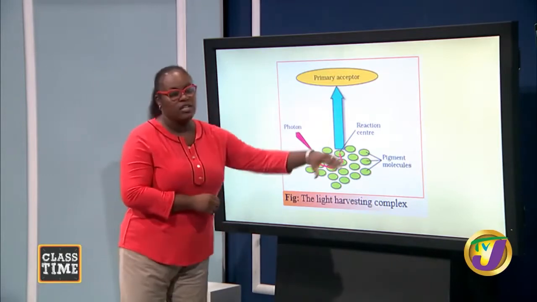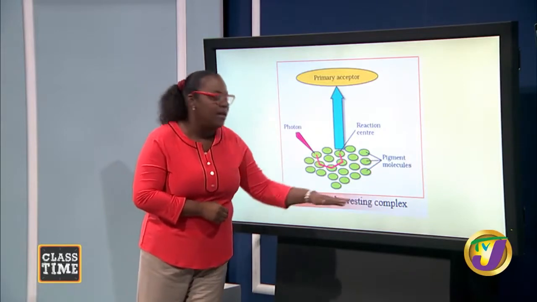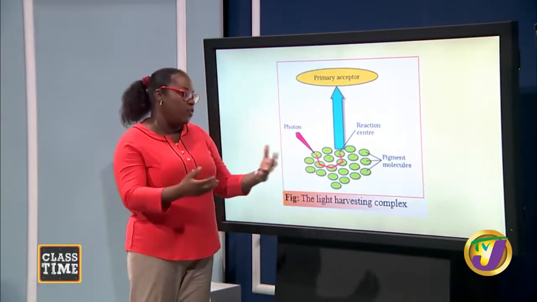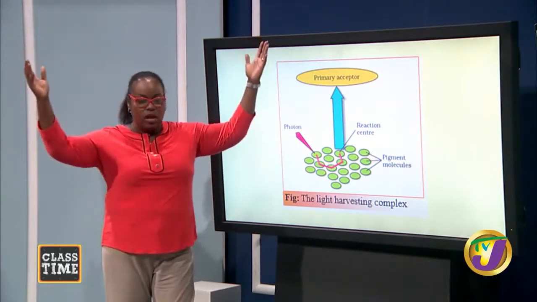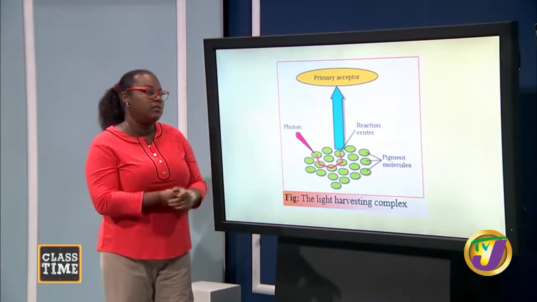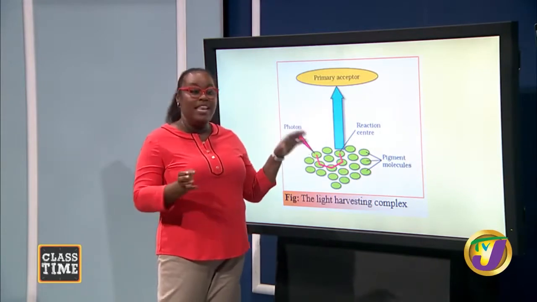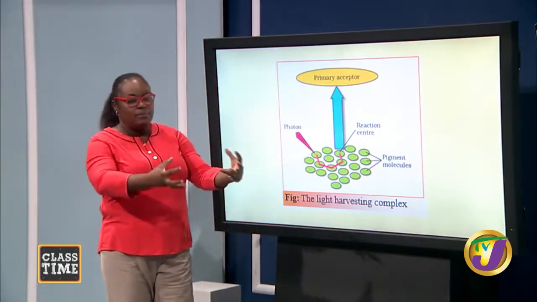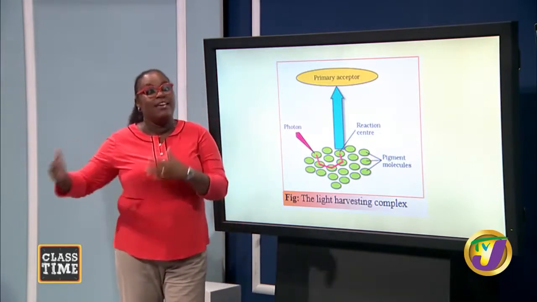And within the light harvesting complex or the photosystem, you have where light from the sun or from some other light source may hit the pigments. And the pigments absorb this light at different wavelengths or at different levels.